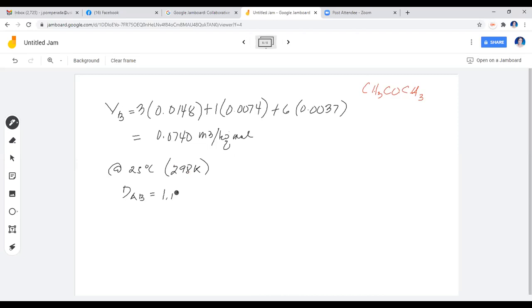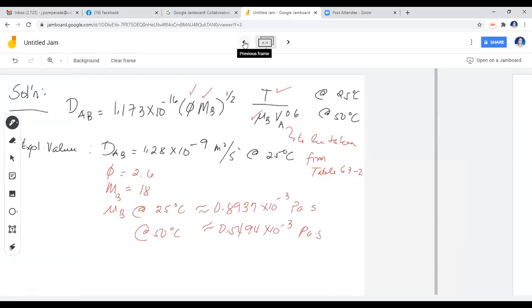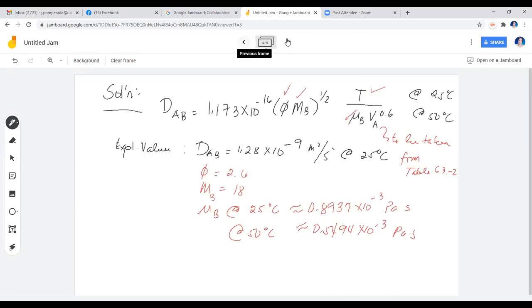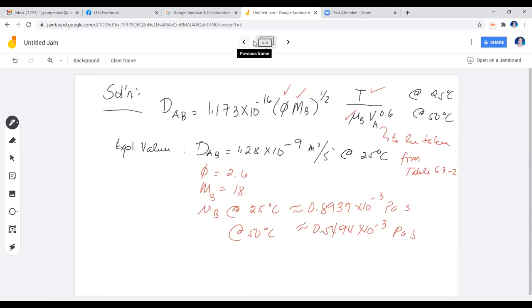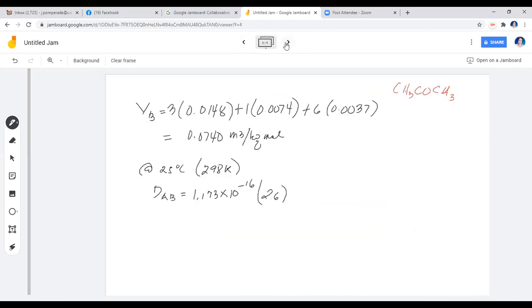So 1.173 times 10 raised to negative 16. Our phi value is 2.6 for water. Then you have your MB, which is 18.